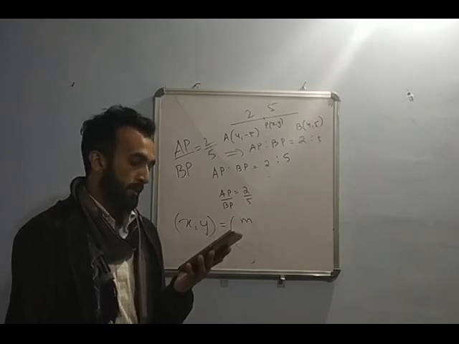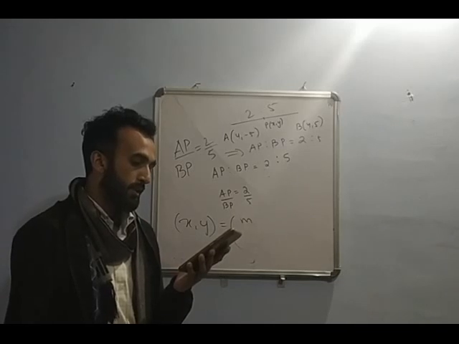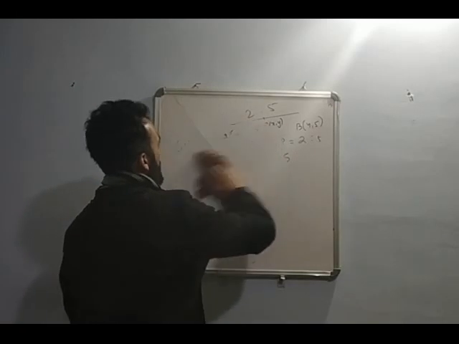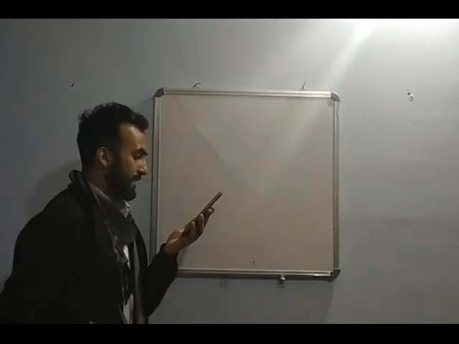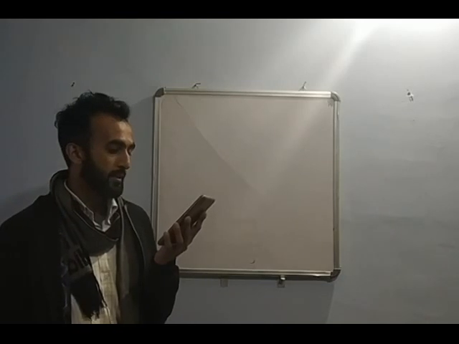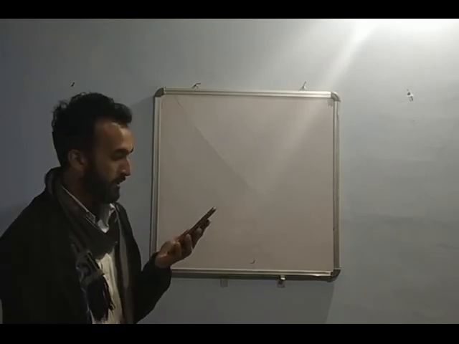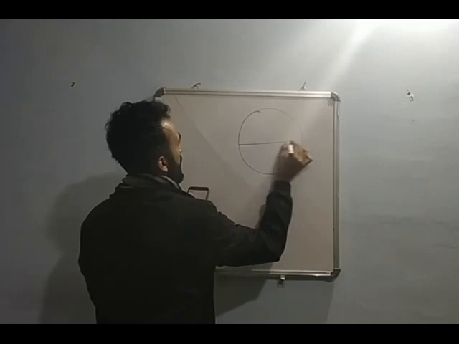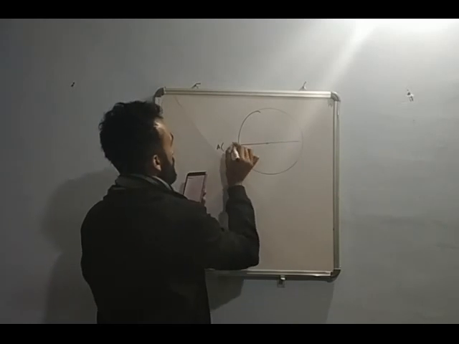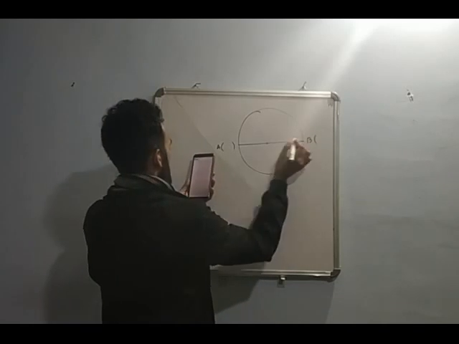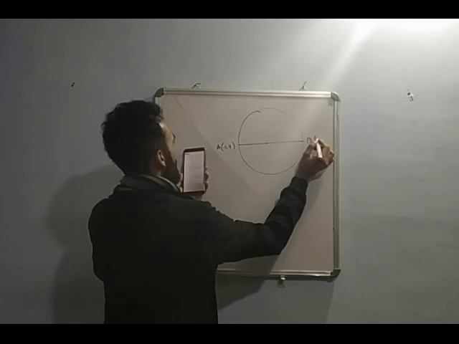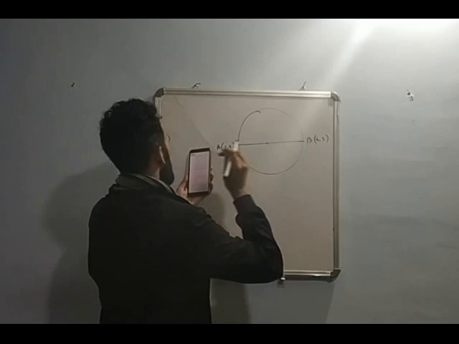Question number 12. The line segment joining A and B is a diameter of a circle with center C. Find the coordinates of C. So you have a circle and you have a diameter, made up of joining two points A and B. A is (-2, 9), B is (6, 3).